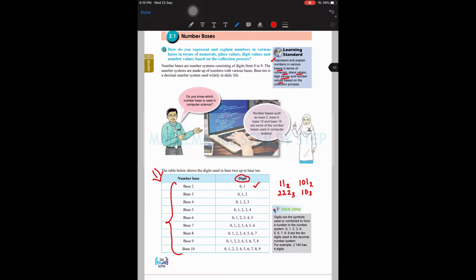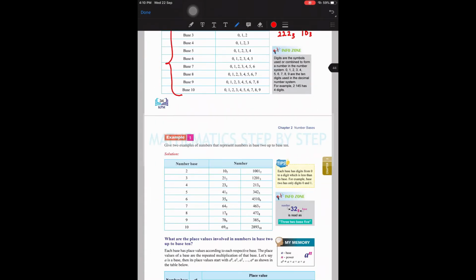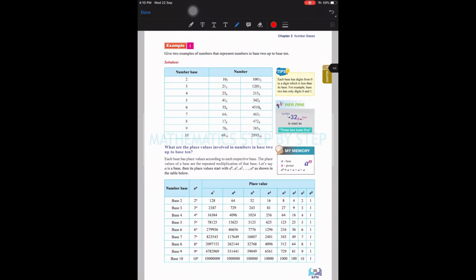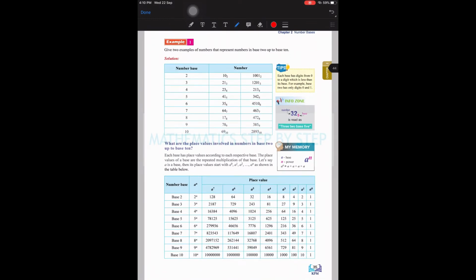So on and so forth for the case of base 4, base 5, until base 10, okay? So let us go through this example 1 together. Give 2 examples of numbers that represent numbers in base 2 up to base 10. After this example, you'll understand better about the table that we have just gone through, okay?